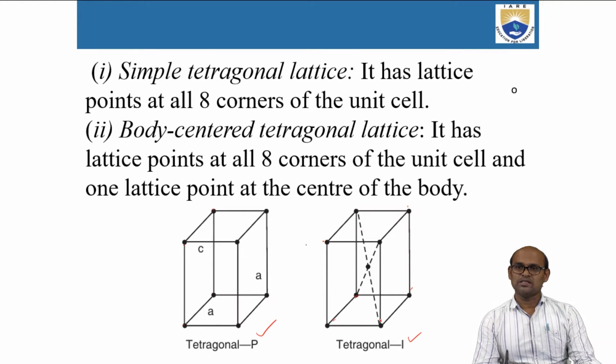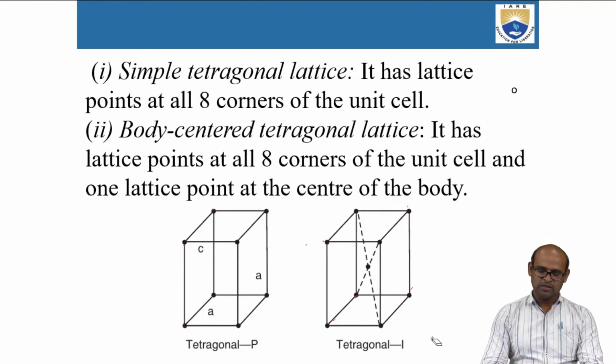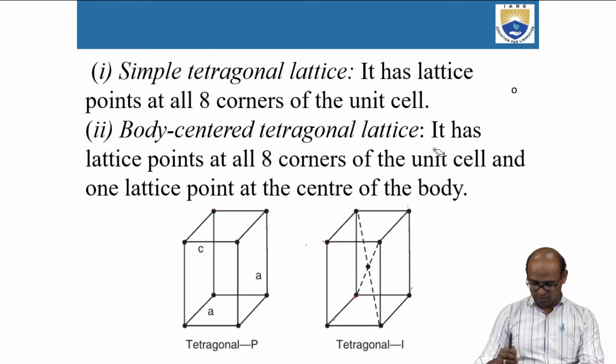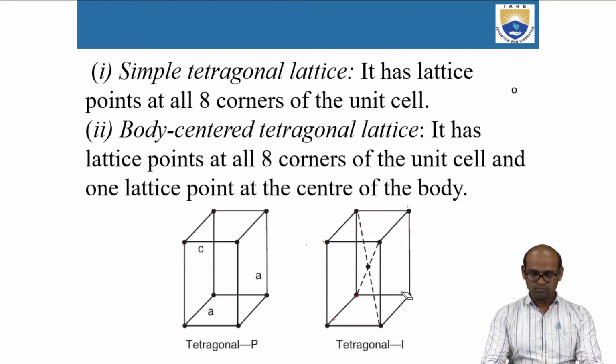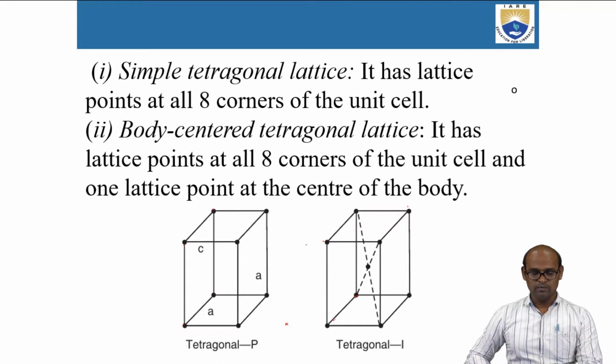You have 8 lattice points at 8 corners, and apart from these, you have one lattice point at the body center. That is why this is called the body centered tetragonal lattice system. So for the tetragonal crystal system, you have one primitive and one non-primitive unit cell.